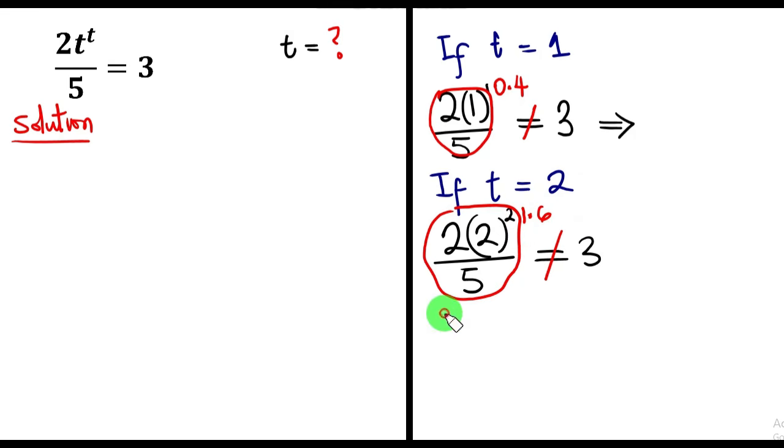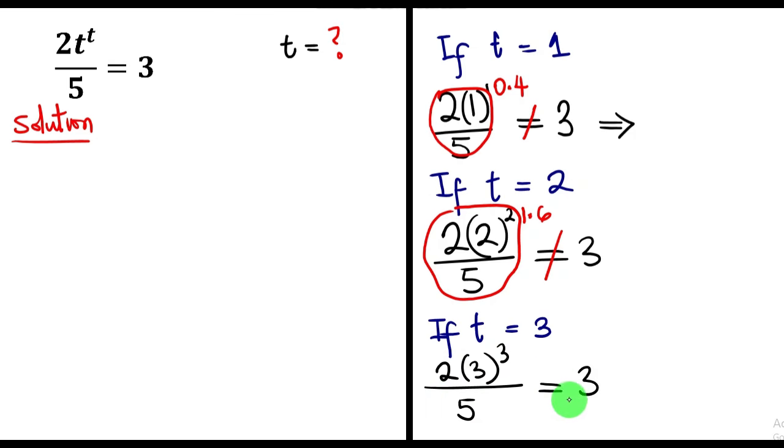We can go further and say, let's assume t equals 3. Then this left hand side is going to become 2 times 3 raised to the power of 3 over 5. Is this going to be equal to 3? Let me check. This is 3 to the power of 3, that's going to be 27.